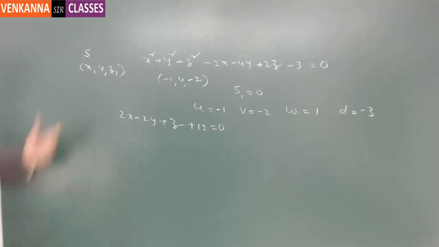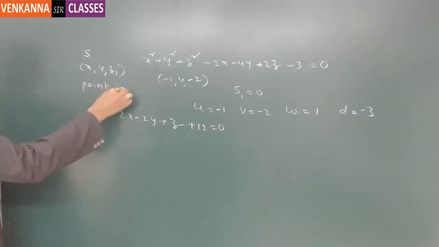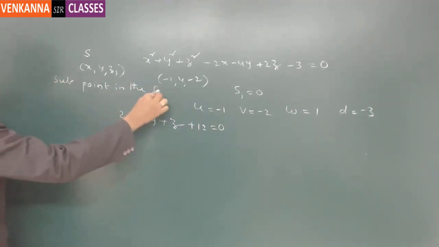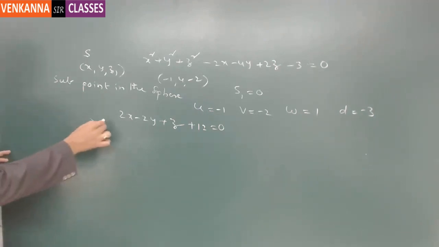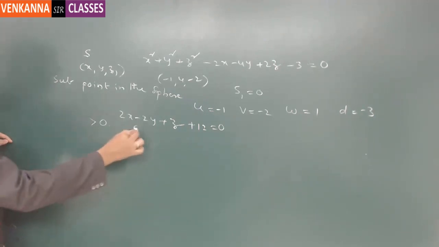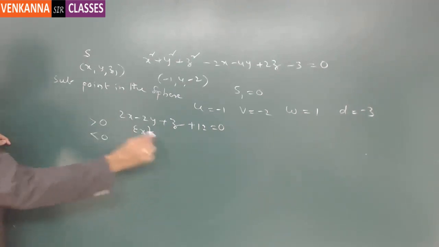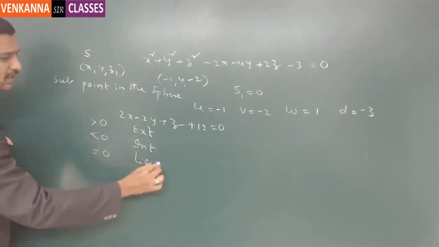Yeah. So we simply substitute the point in the sphere. So you will get a number. If the number is greater than 0, it is an external point. If the number is less than 0, it is an internal point. If it is equal to 0, the point lies on the sphere.